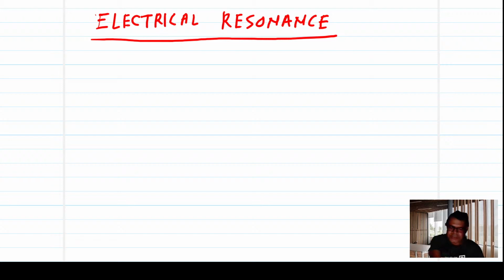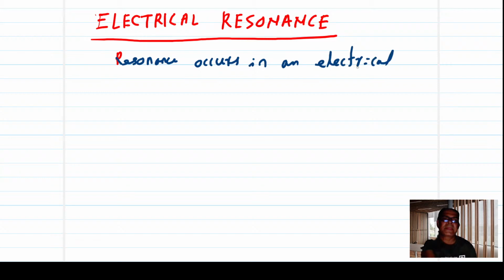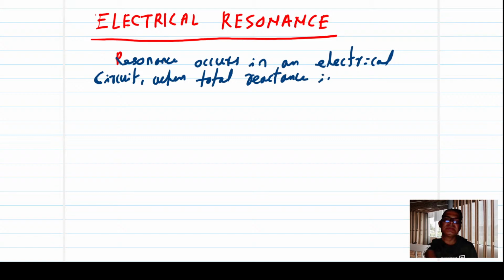Electrical resonance, or simply resonance, occurs in an electrical circuit when the total reactance in the circuit is reduced to 0.